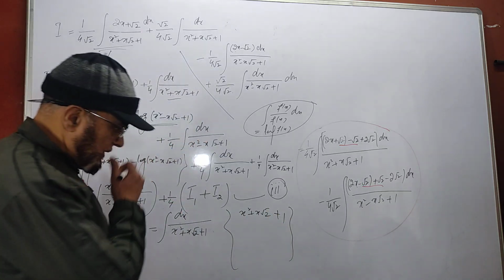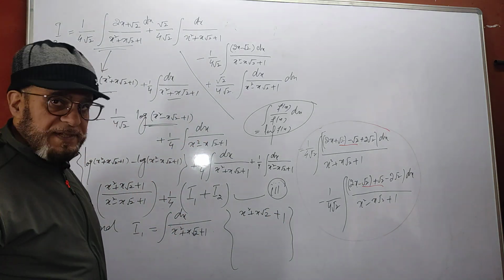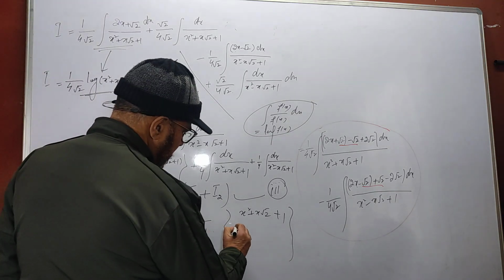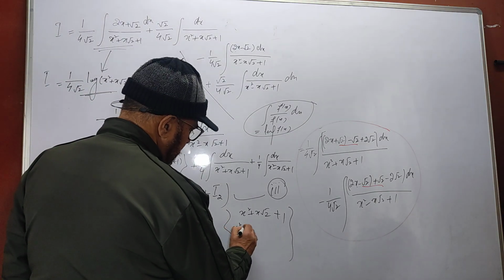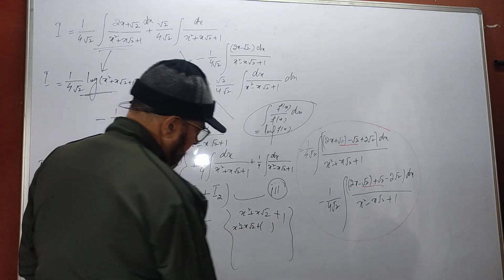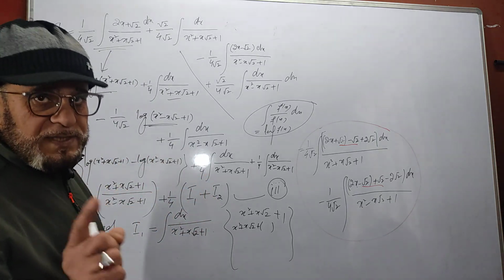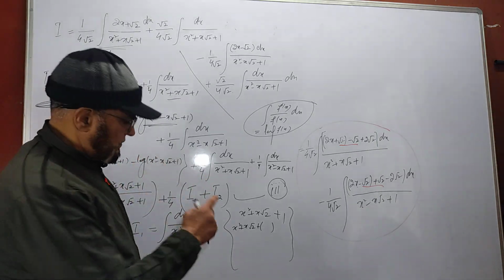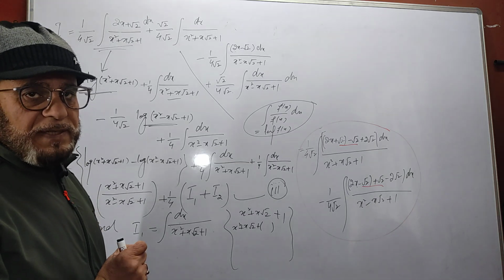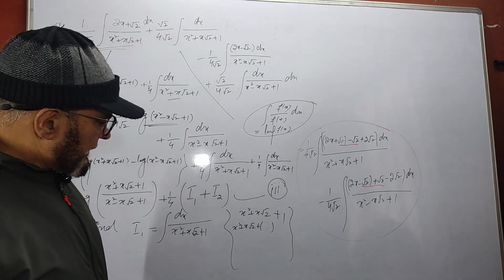You cannot find its linear factors, as you have seen that the discriminant is less than 0. When you complete the square, you do it this way. It is x square plus x root 2. The rule is that you must write the coefficient of x square as 1 first when you use the completing square method in integral calculus or in other results.